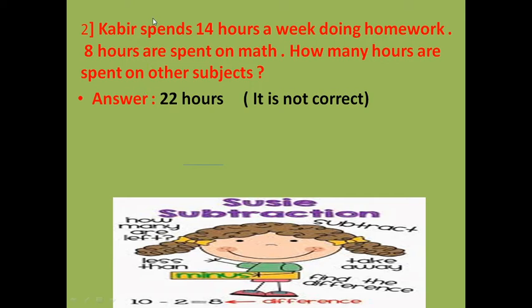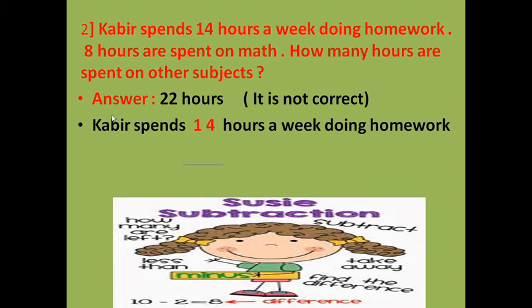First step, I read the question. Now I write the statement, the information. Find the information, this is the second step. Kabir spent 14 hours a week doing homework, and the second information we have is that 8 hours are spent on math. Like this, we read the question and find the information. Now we decide what to do: we will subtract.